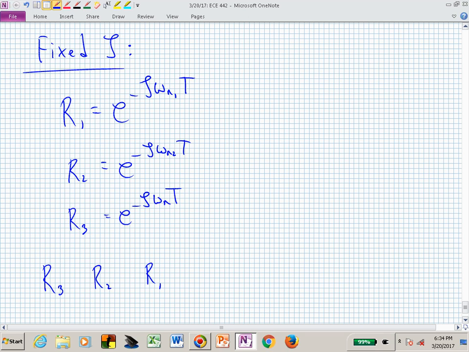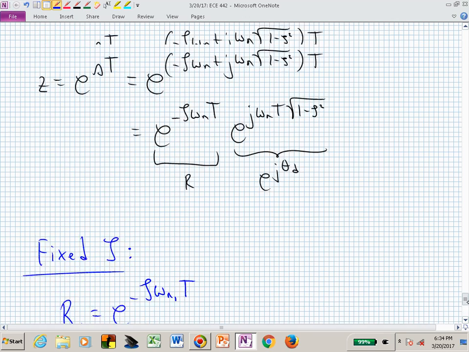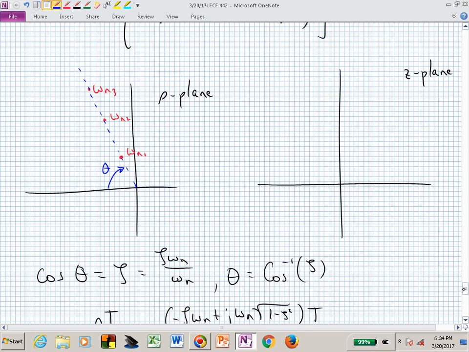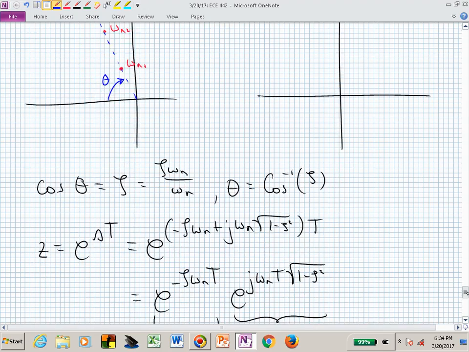How do I indicate the inequality? Is R3 greater than R2? Whoops. It's nothing unless I subscript that in. Here's zeta omega sub n sub 3 of t. And how did I have my omega sub n's related? Omega sub n1 was smaller, omega sub n2 was bigger, and omega sub n3 was the biggest.